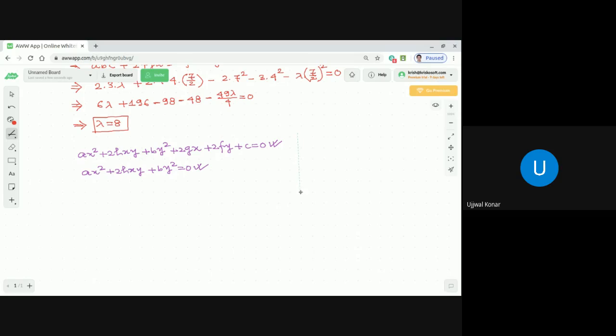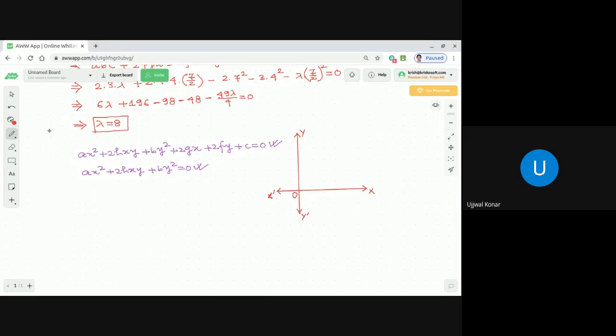So suppose, let me first draw the coordinate axis here. So this is the origin.